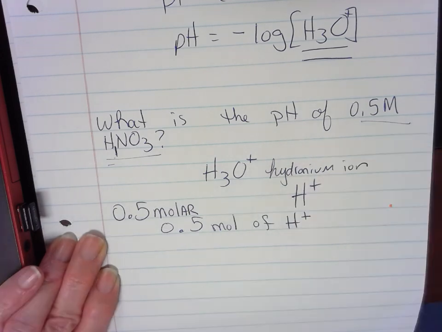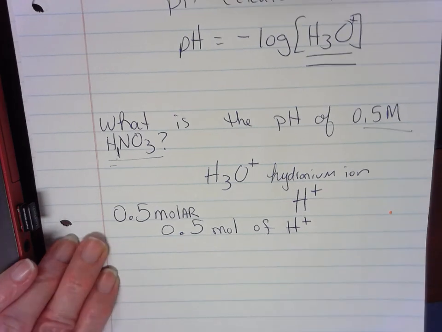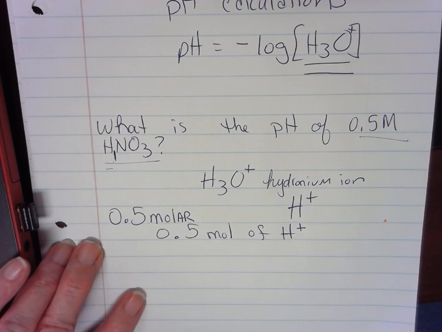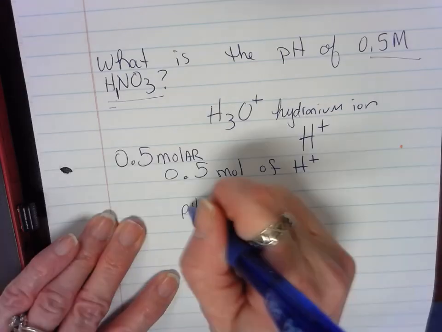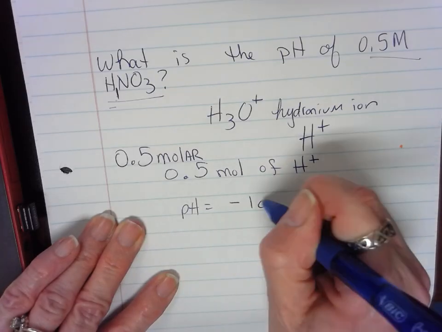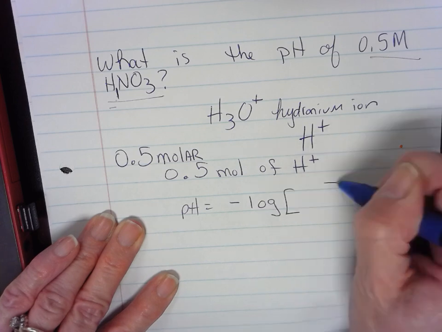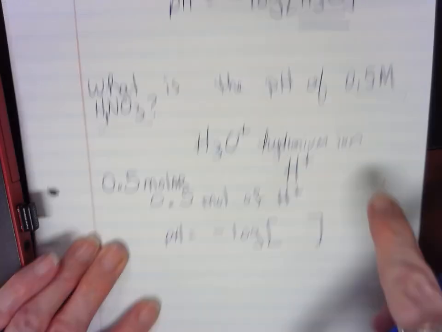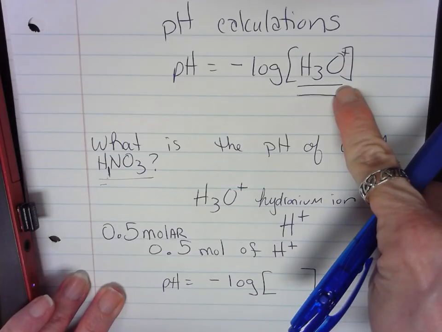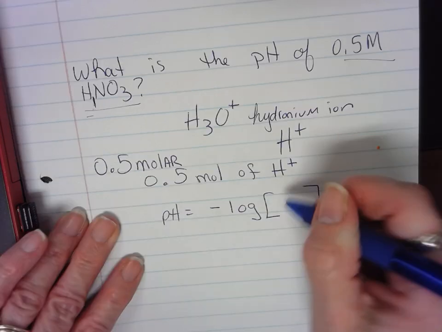All you do is you take that number, so you say pH equals the negative log of this hydronium or hydrogen ion concentration, which would be 0.5 molar.